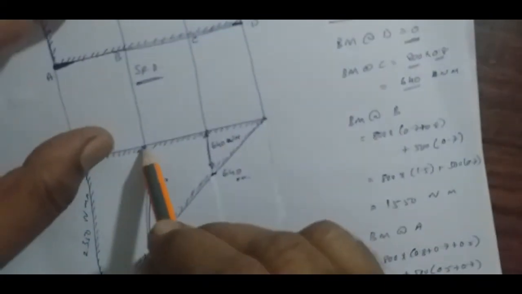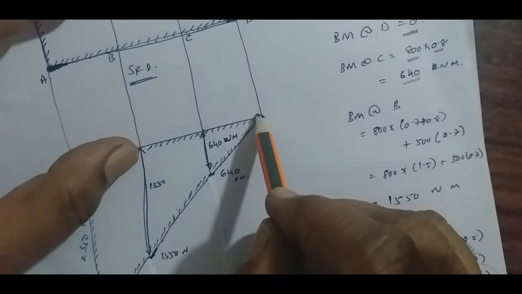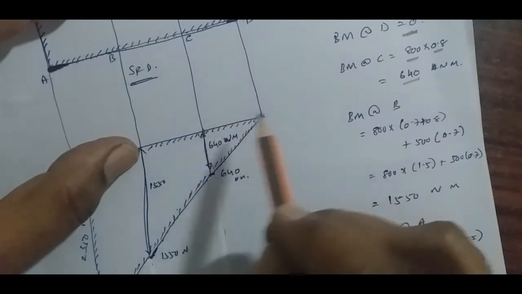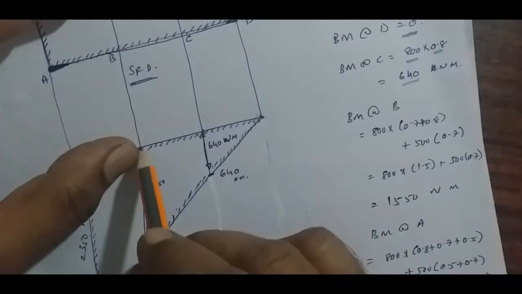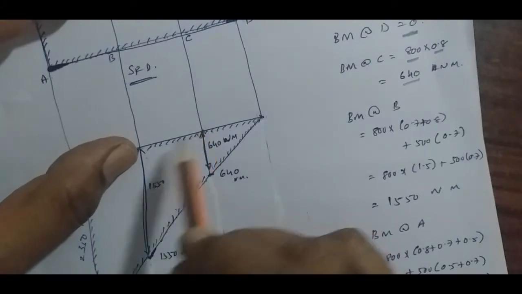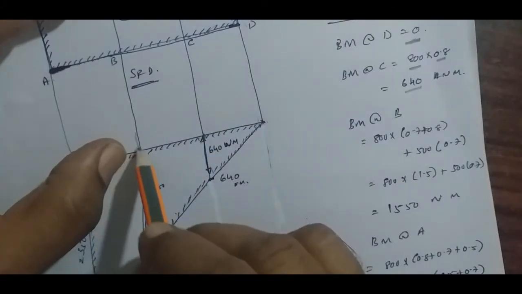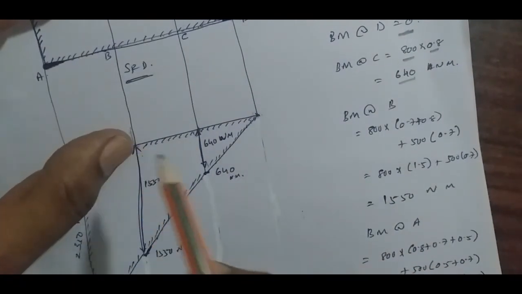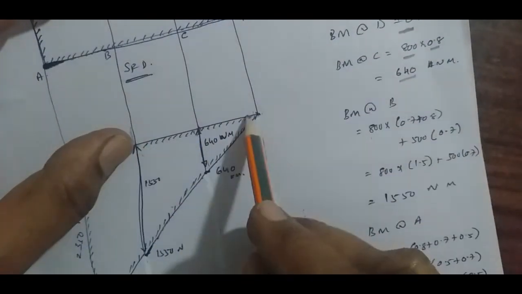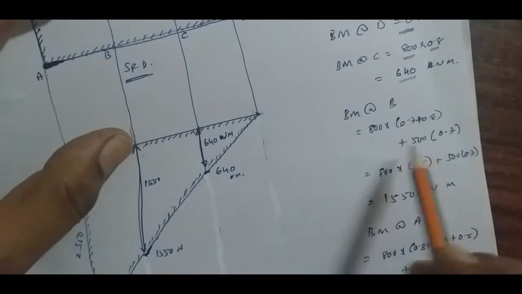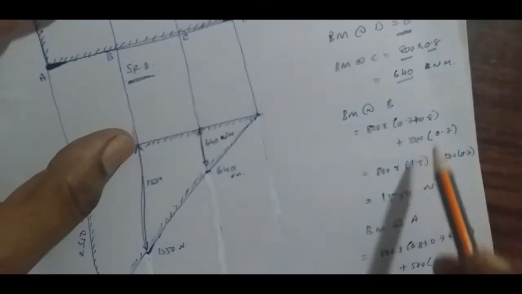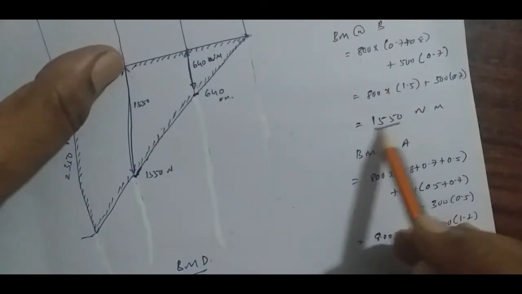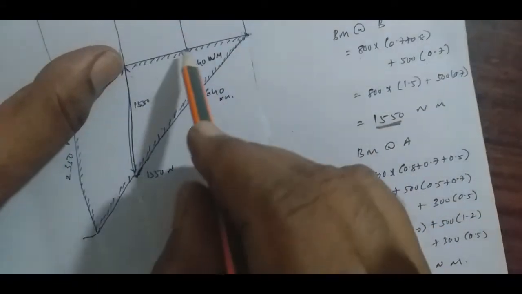And for point B, 800 is one load and 500 is another load. 800 into this distance plus 500 into this distance, you have to add. You should not consider the load acting here because the distance is 0. So the bending moment at B is 800 into 0.7 plus 0.8, plus 500 into 0.7. Calculating, you will get the value of the bending moment at point B.